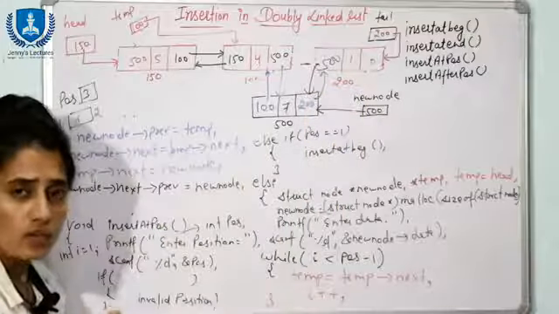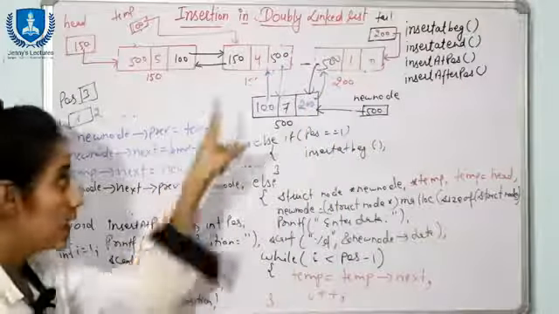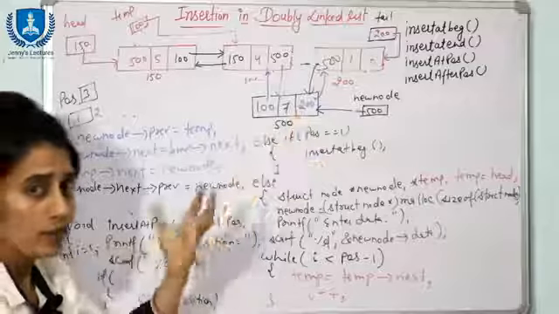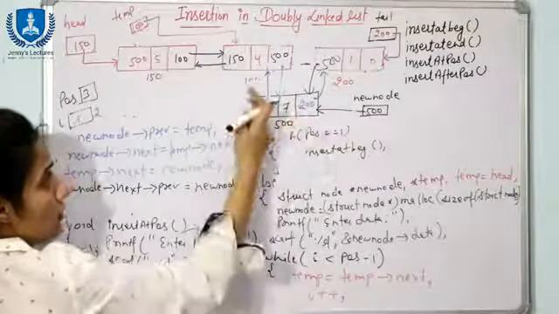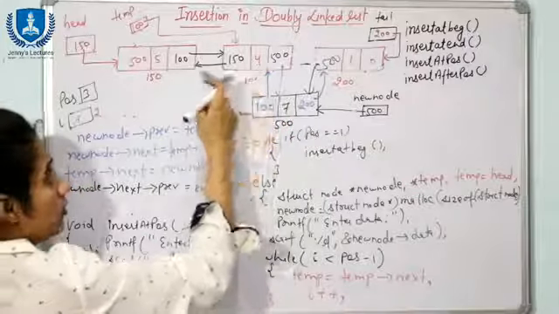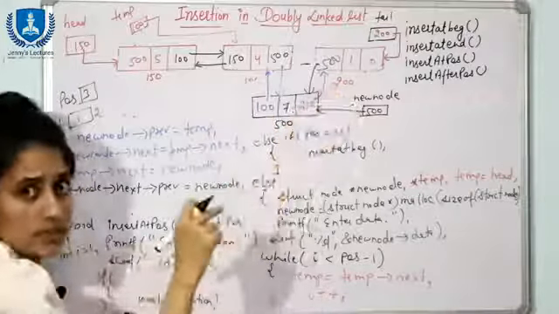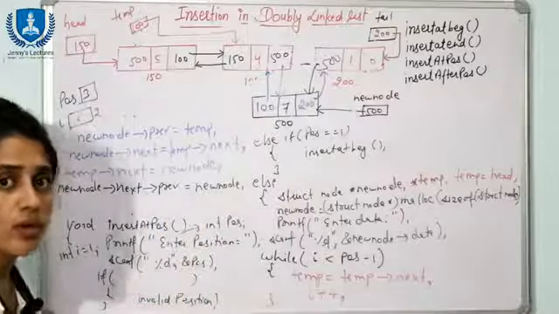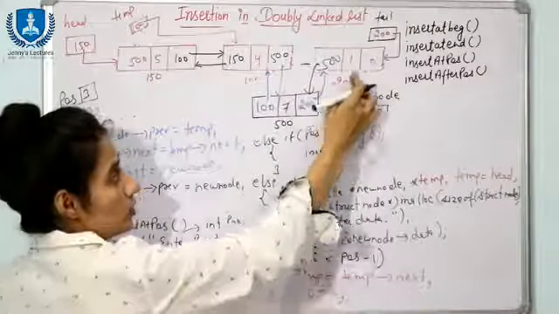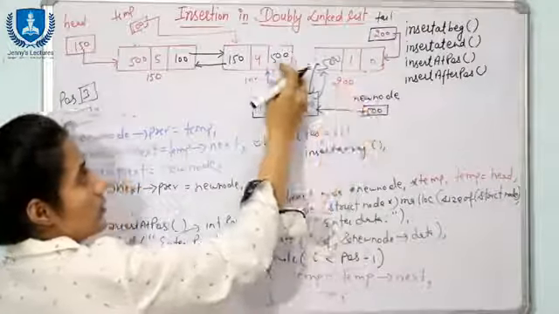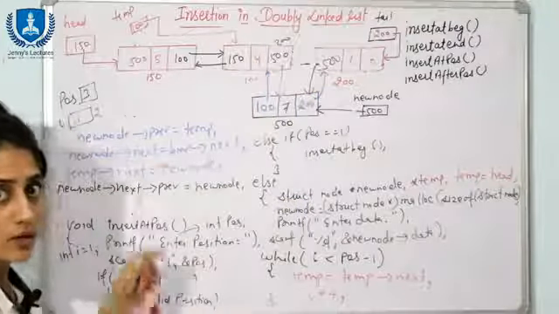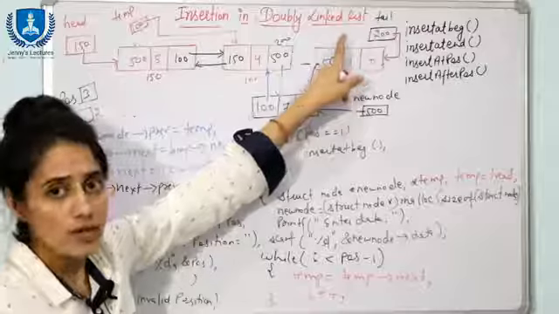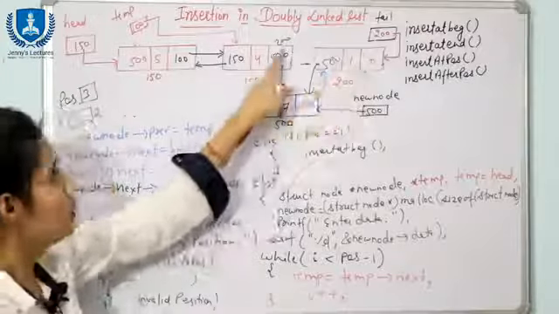See, I'm not saying that this is the only method you can update these links, right? Maybe after temp is equal to 100, at this point only you can take another pointer, that is temp1, or you can say next node, and in next node you can store this 200. From where can you get 200? Because before updating, here we will have 200, right? So we can write next node is equal to temp of next.